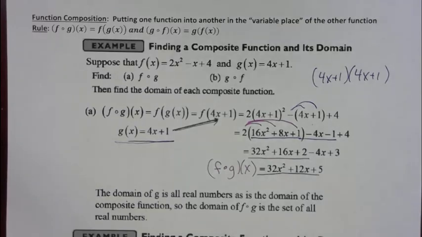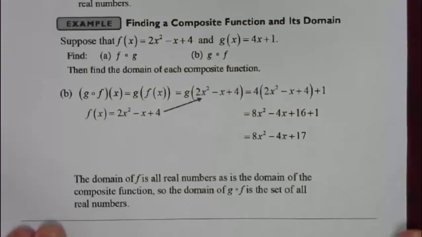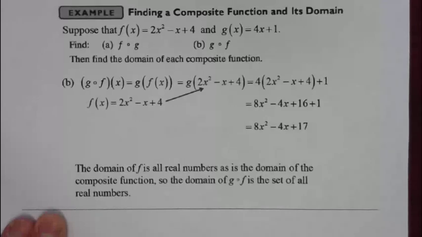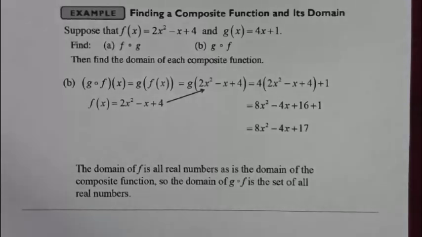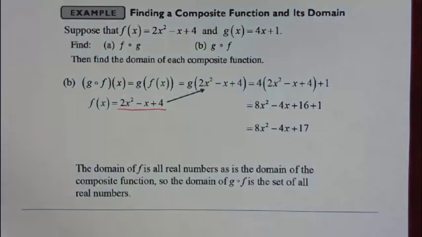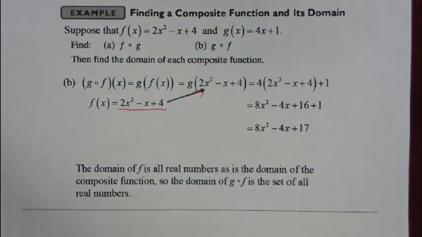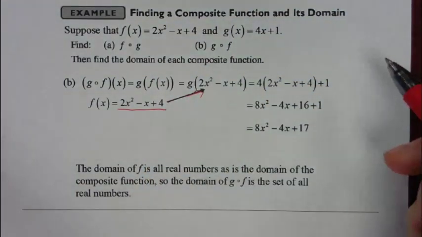Our second example we have here. We're using the same two functions, but now we're reversing it for part B. Now f is the function that we're going to be putting into g, and that's what this arrow is showing you right there. This one's a little bit quicker.